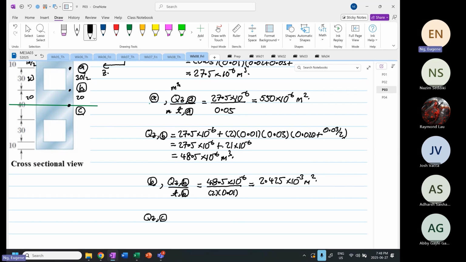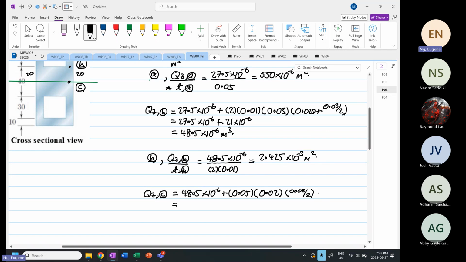And lastly, we are going to look at QZ at point C now. So this will be equal to 48.5 times 10 to the power minus 6 plus the width, which is 0.05, multiplied by the depth, which is equal to 0.02, and multiplied by the y bar, which is 0.02 divided by 2.